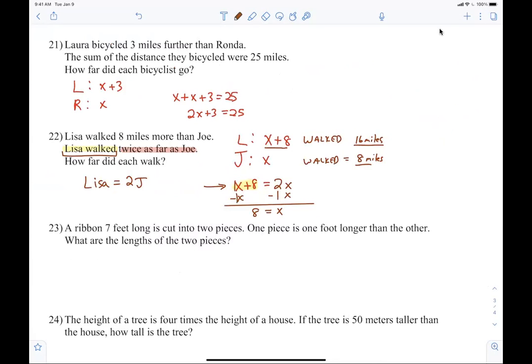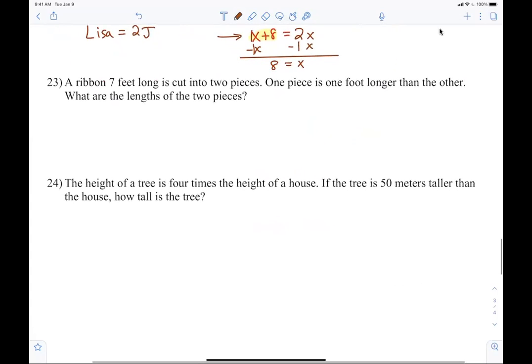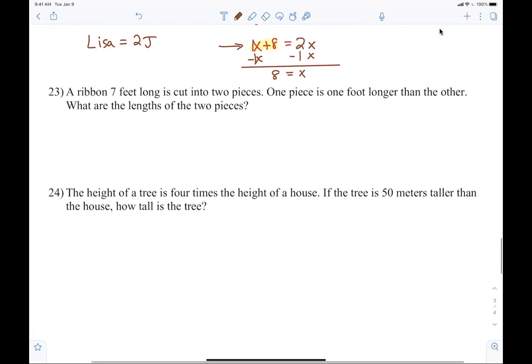All right, where am I at? Who's up? Molly, let's give it a shot. A ribbon 7 feet long is cut into 2 pieces. Okay, so everybody's going to draw a ribbon, right? And this ribbon is what? 7 feet long.